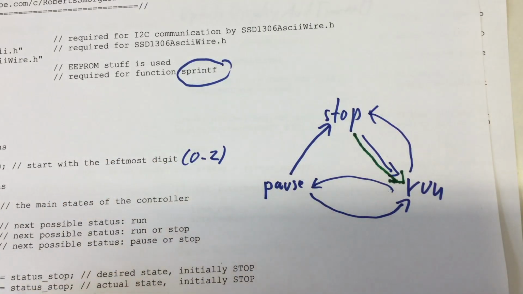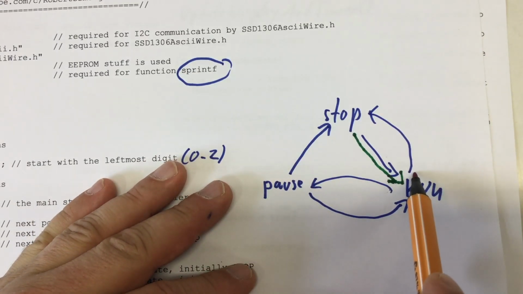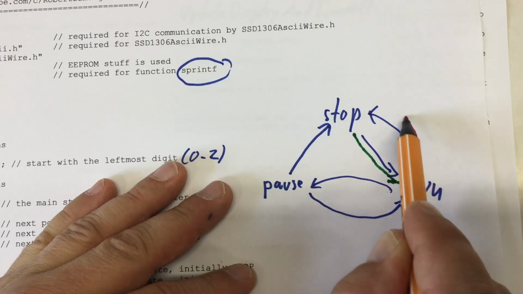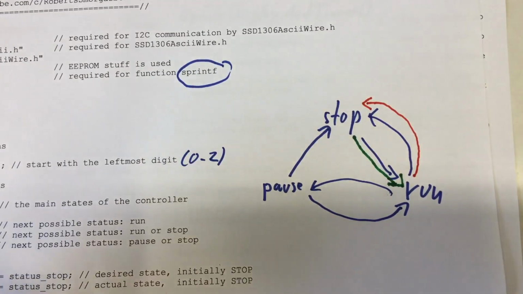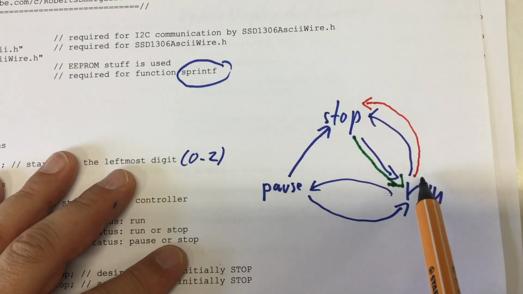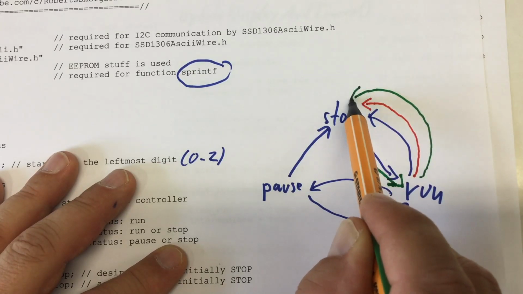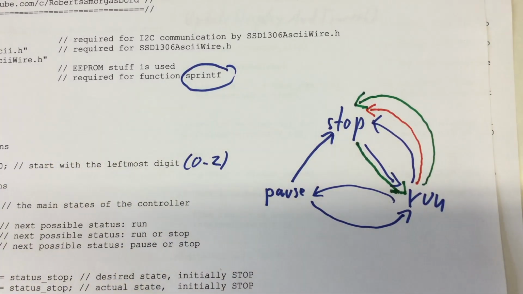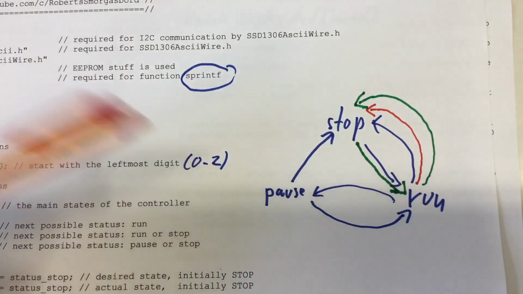We returned from the run state via a timeout, so our elapsed time reached the set time, to the stop status. And we also went from the run status via the keypad to stop.